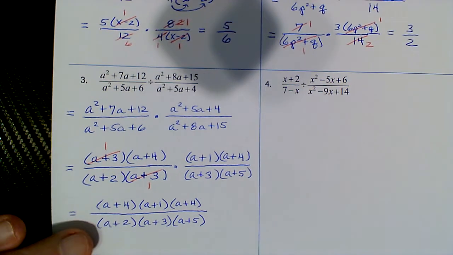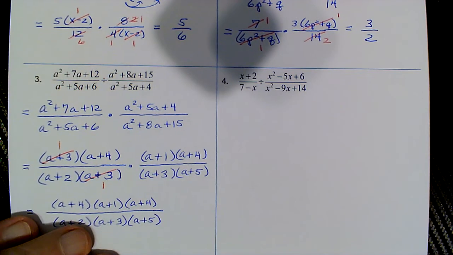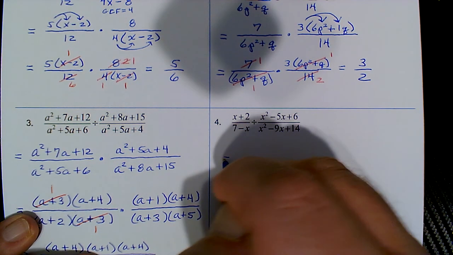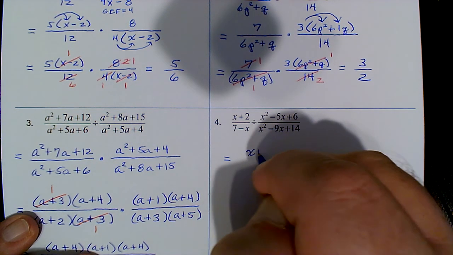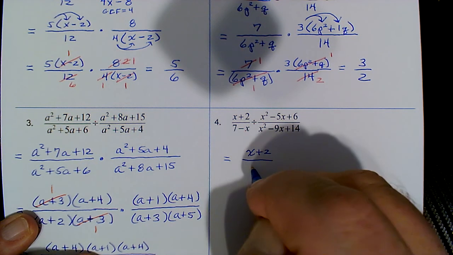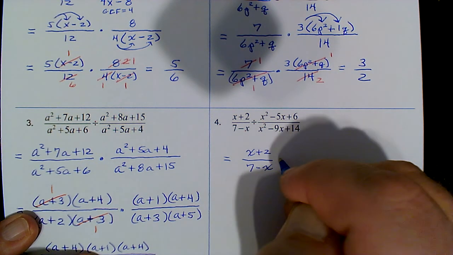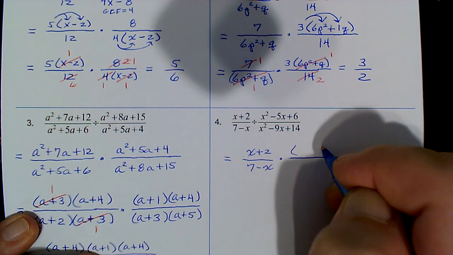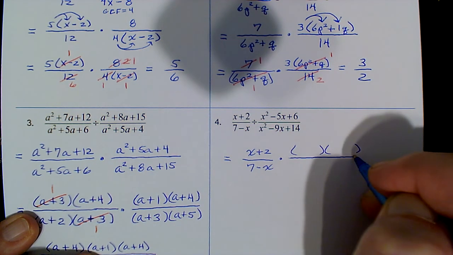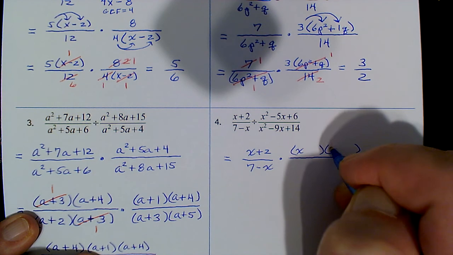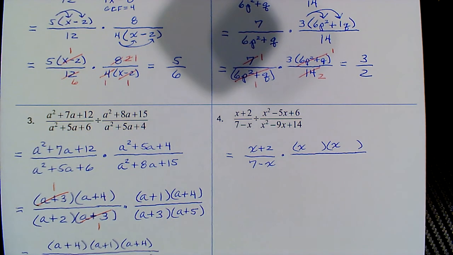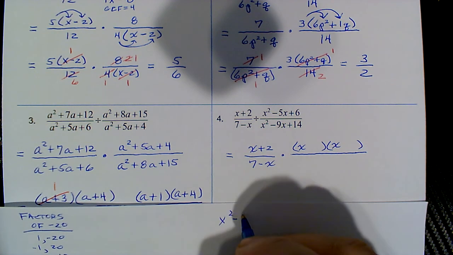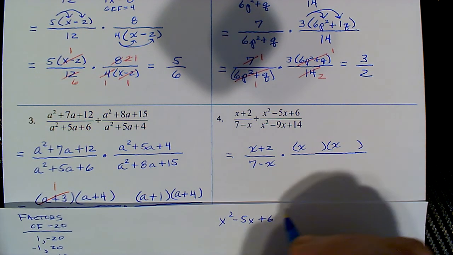Alright, so then our final example. In the first fraction, we have things that we're just going to have to leave: x plus 2 over 7 minus x. The second fraction has quadratic trinomials. So in the numerator, an x and an x. If you want to use some scrap paper to do this, x squared minus 5x plus 6.